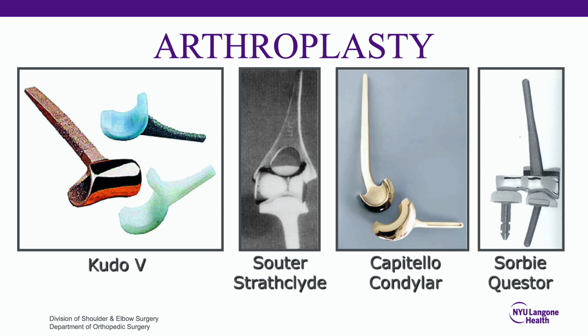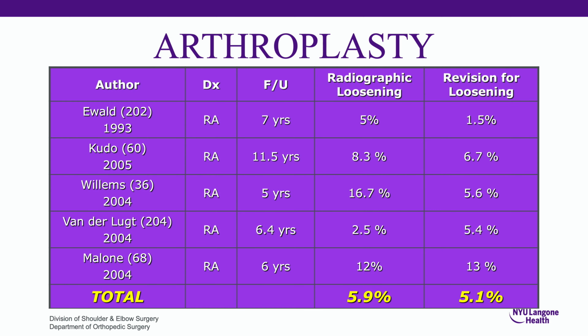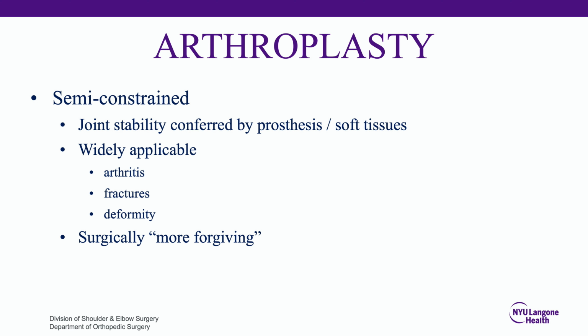These are some of the popular ones that were available about 5 to 10 years ago. I don't know if there has been a lot of progress on these, but these are the popular types. Overall results are pretty good. The majority of these have been performed, like I said, for patients with rheumatoid arthritis. So follow-up anywhere from 5 to 10 years with only about 5% revision. So basically, the majority of these patients generally do pretty well.